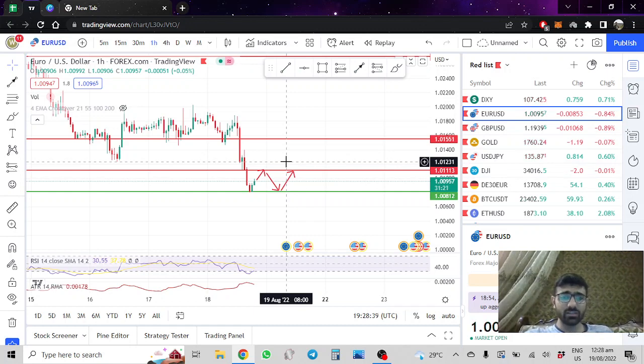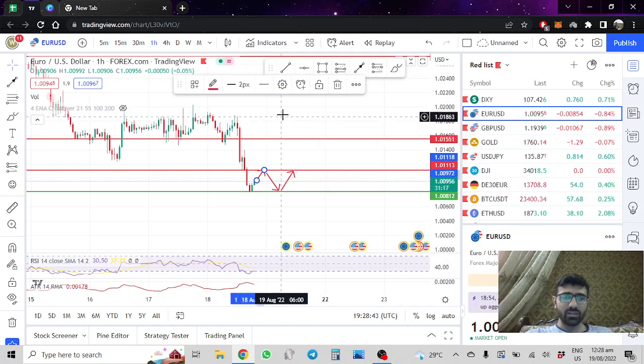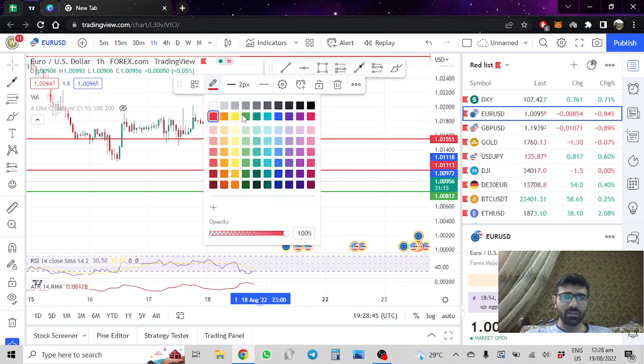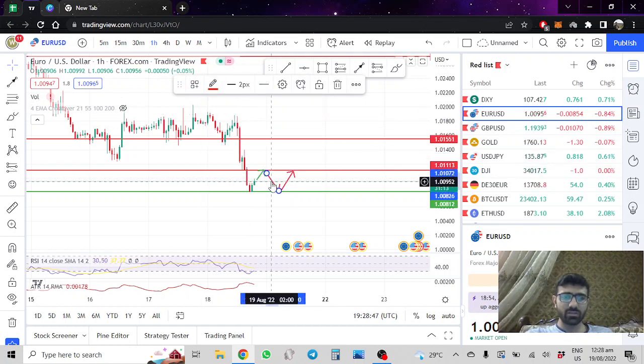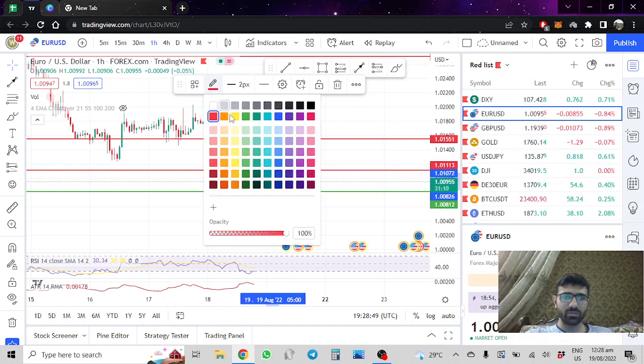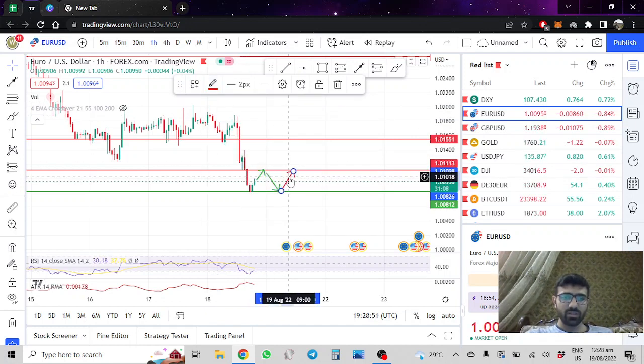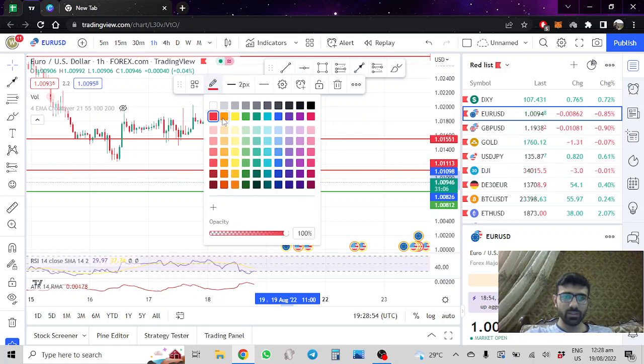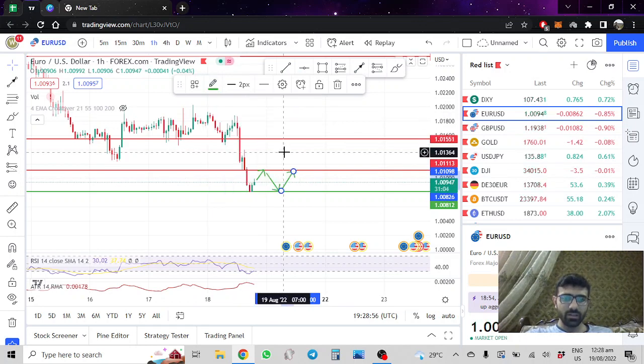Or in a similar scenario, let me make it green, as this is a buying scenario, you guys can get confused if this would be red in color. Okay, so this is our first buying scenario.